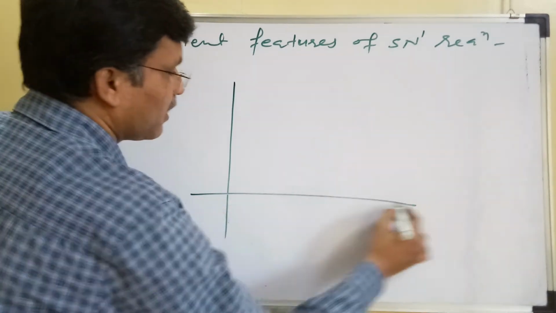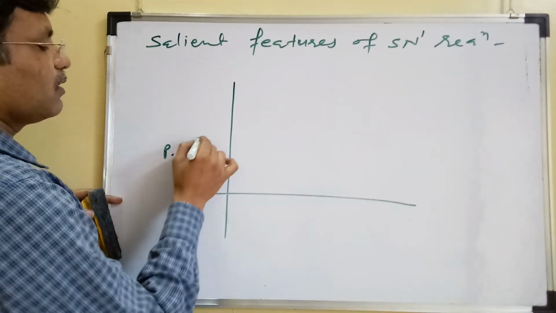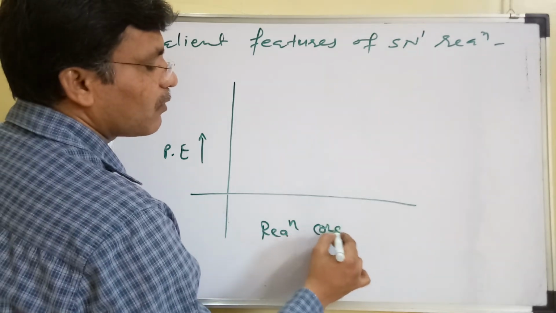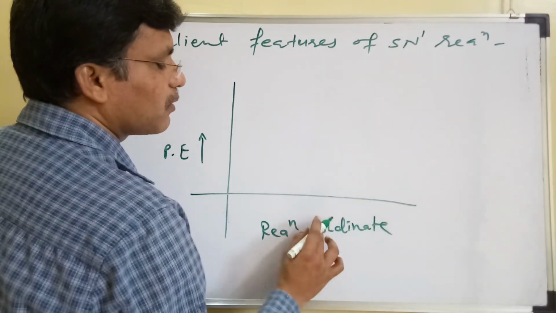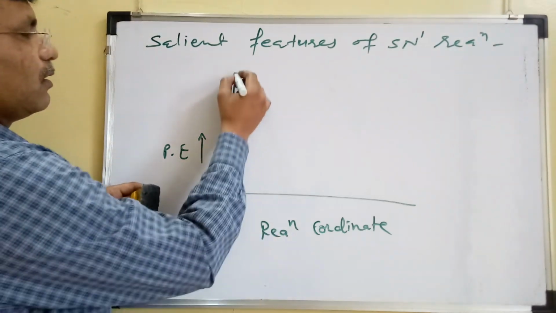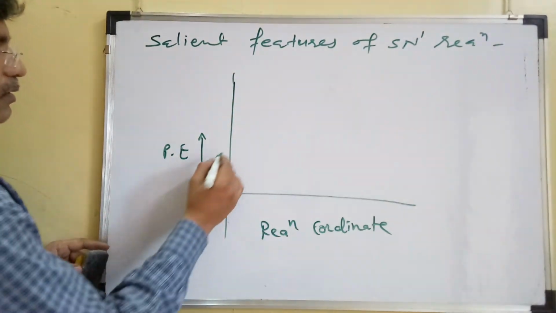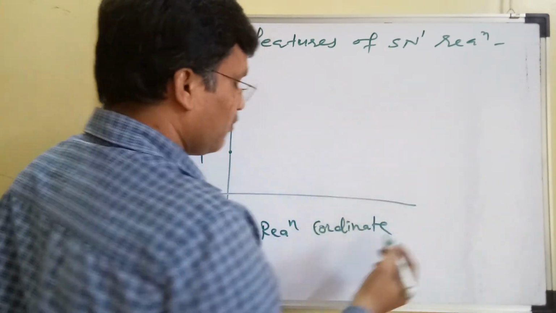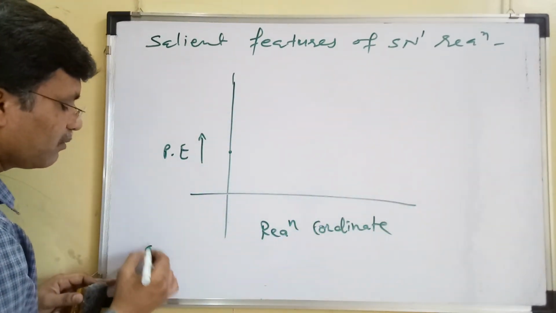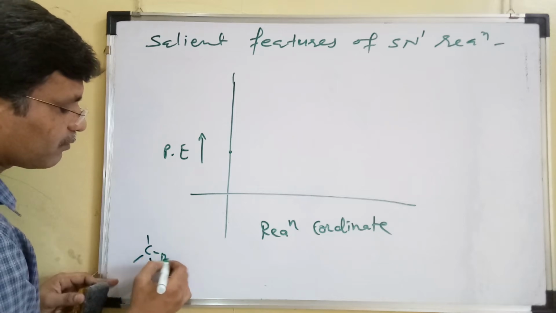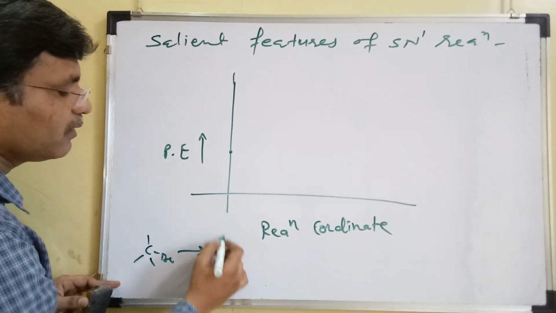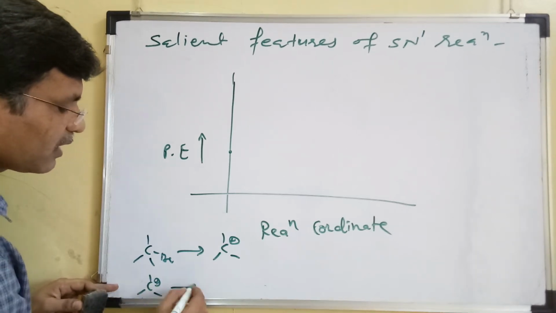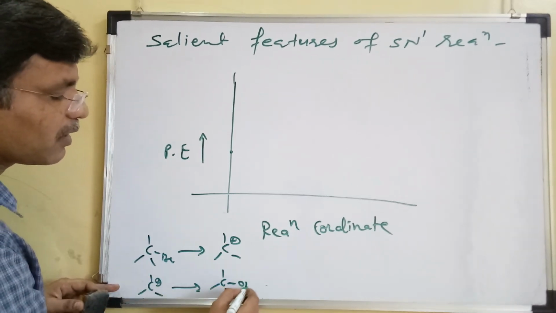For the potential energy diagram, we take potential energy on this side and reaction coordinate. Suppose this is the potential energy of the reactant. The reaction takes place in two steps: in the first step we get the carbocation, and in the second step the carbocation is converted into the product.